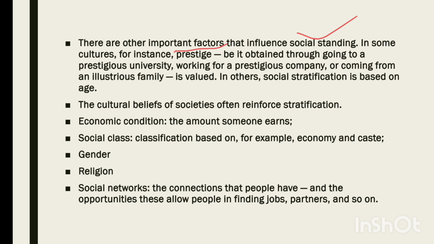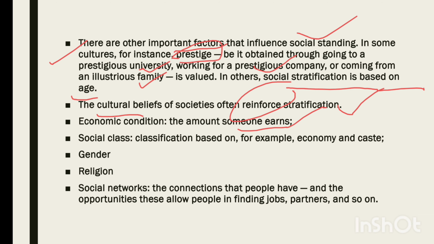In some cultures, a prestigious university, working for a prestigious company or coming from an established family are all valued in social status. In others, social stratification is based on age. Some cultural beliefs of the society often reinforce social stratification. Economic condition, the amount someone earns, also creates stratification.